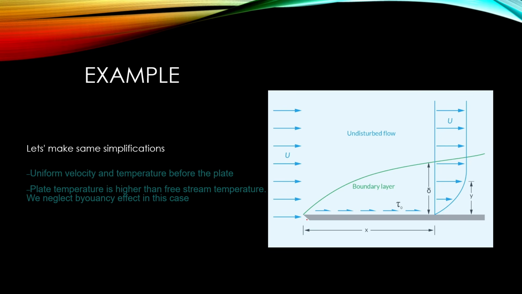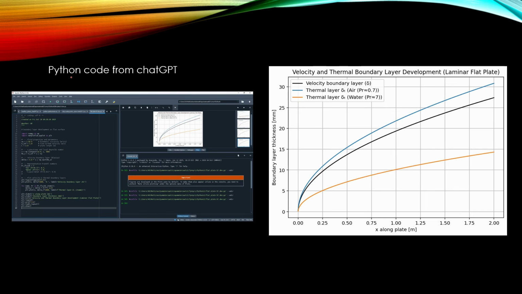Let's take a simple example. In this case we have a horizontal flat plate with a uniform velocity coming from the left and uniform temperature, and we want to know the thickness of our boundary layers. I asked for Python code from ChatGPT and calculated this example case. The velocity is now 1 meter per second and the length of the plate is 2 meters.